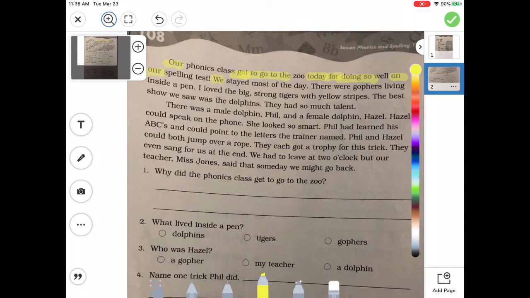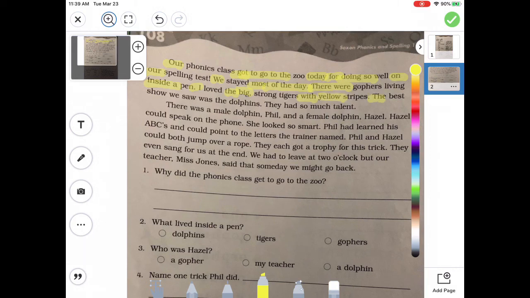Phonics class. Our phonics class got to go to the zoo today for doing so well on our spelling test. We stayed most of the day. There were gophers living inside a pen. I loved the big, strong tigers with yellow stripes.